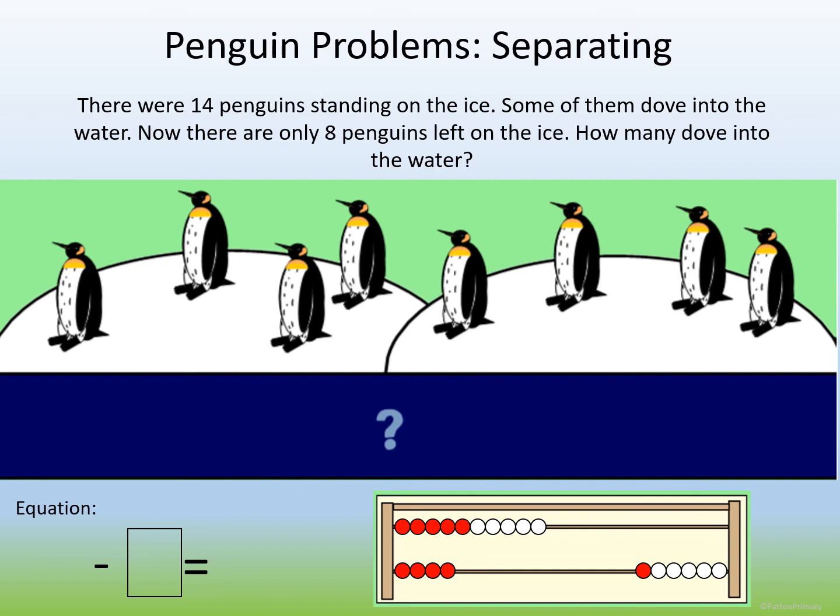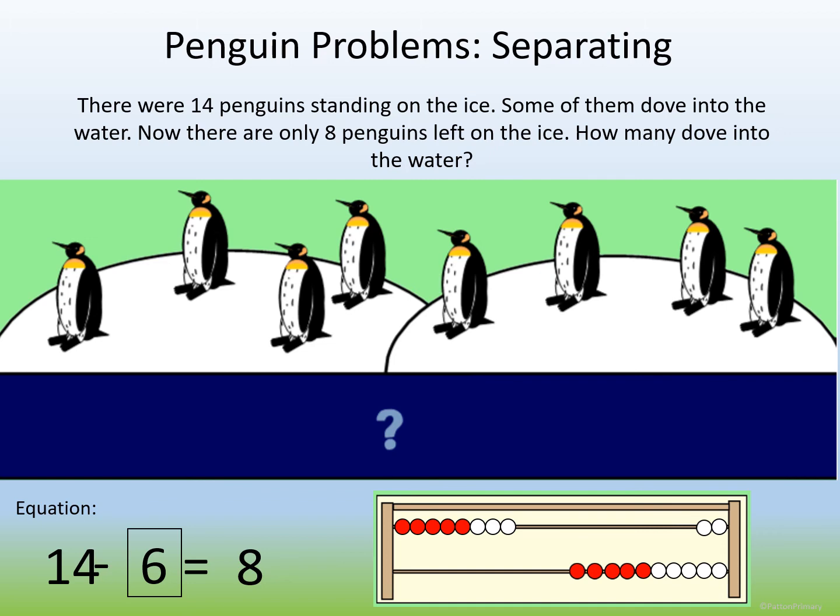Let's begin. 1, 2, 3, 4, 5, 6. We have 8 abacus beads left, so that means the story problem must be 14 minus blank equals 8. 14 minus 6 equals 8.